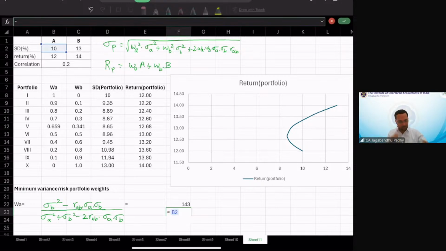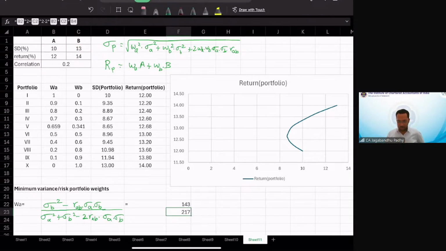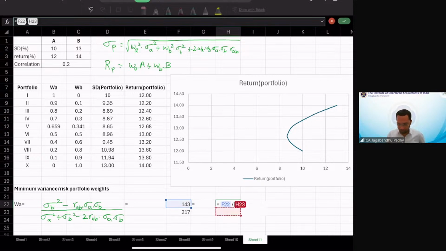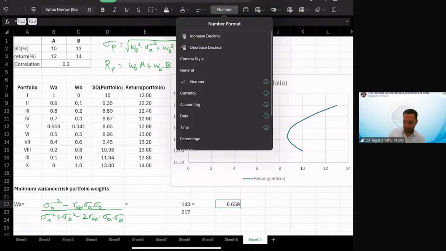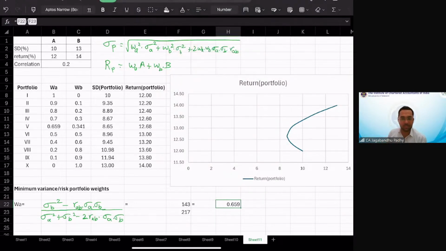Denominator will be standard deviation of A square plus standard deviation of B square minus 2 into standard deviation of A into standard deviation of B into correlation between A and B. And if we just divide it, we're getting this as 0.659. Of course, if weightage of A is 0.659, weightage of B will be 1 minus 0.659.